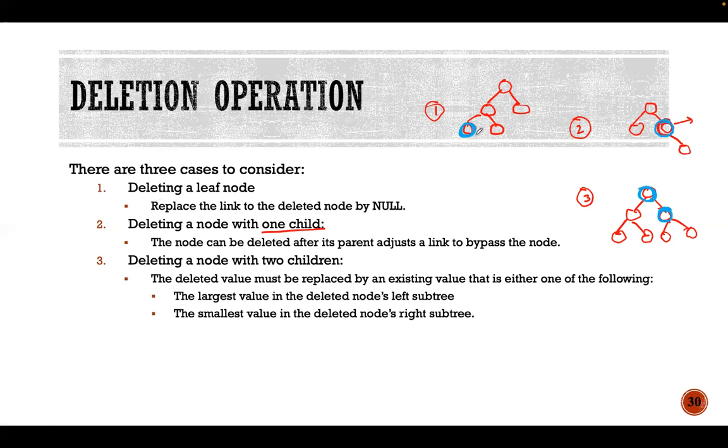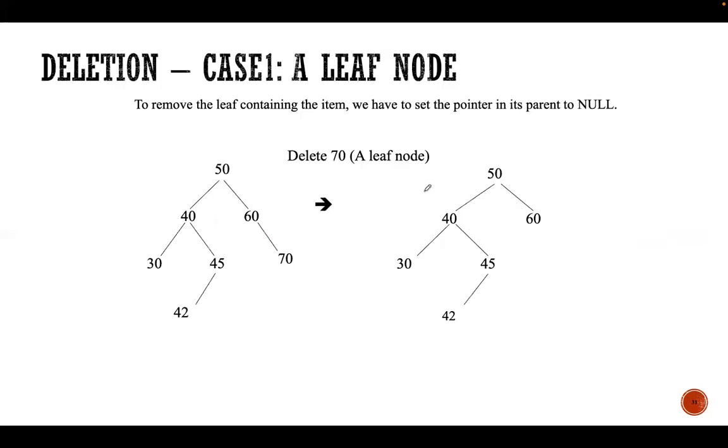So in the first option, we are trying to delete a leaf node, say this one or this one, and we also have another leaf node, this one. Deleting a leaf node is very straightforward. What we are going to do is replace the link to the deleted node by null. So let's see an example.